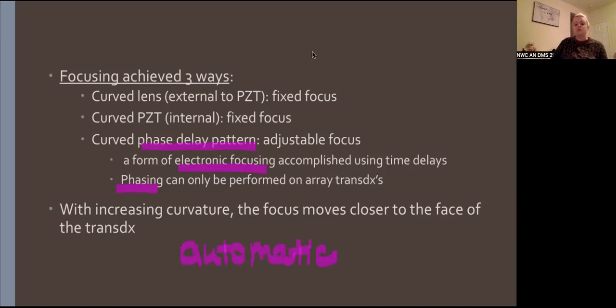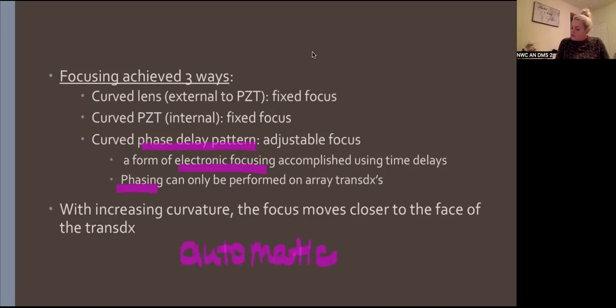So what we say is automatic electronic phasing, because I don't have to say phase delay patterns. Doesn't phasing and phase sound the same? So I say automatic electronic phasing, and that way it's locked in.